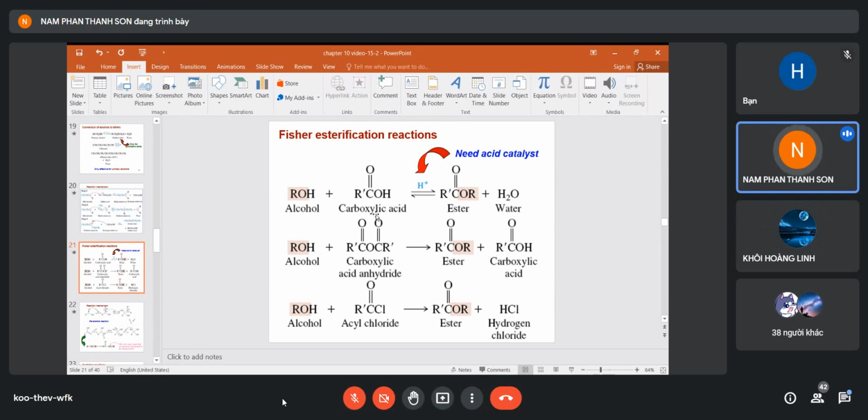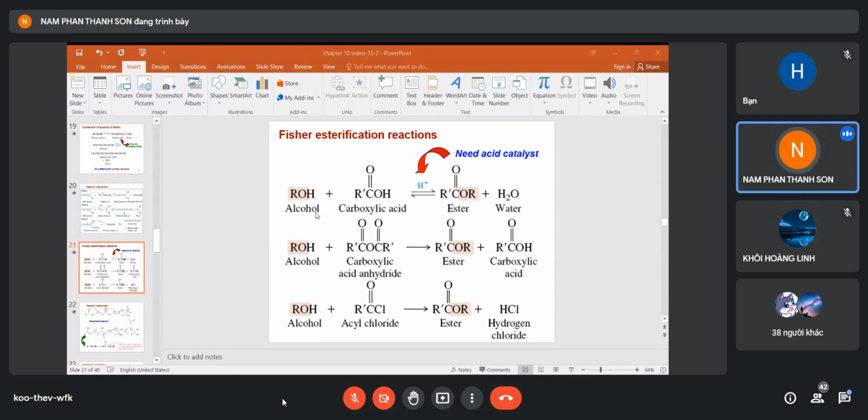That is the first method. The second method, we can reduce the product. We can take out the water or the ester. Very good. And next semester, you will go to the organic chemistry lab, and you will make ester from ethanol and acetic acid.